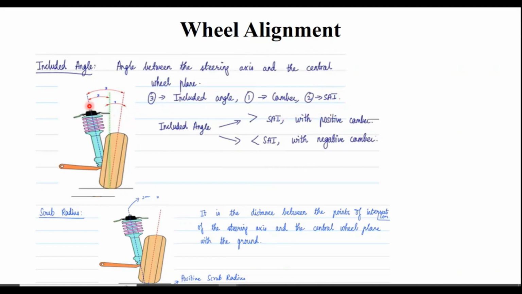So what is camber? We have seen the definition of camber, right? Camber is denoted as 1. You have also seen what is positive camber or negative camber. One is the vertical axis, another one is the center plane of the wheel.